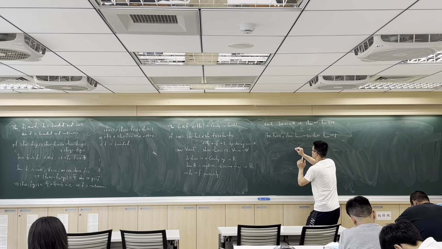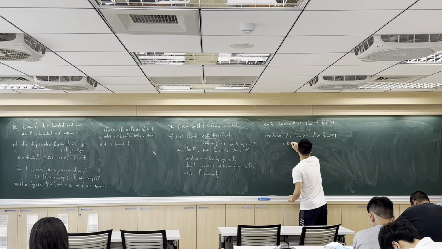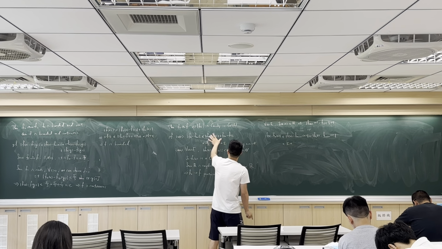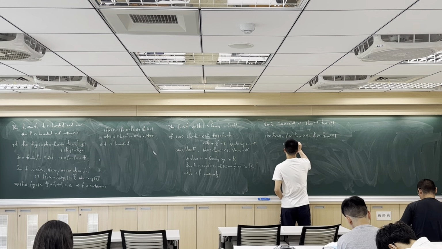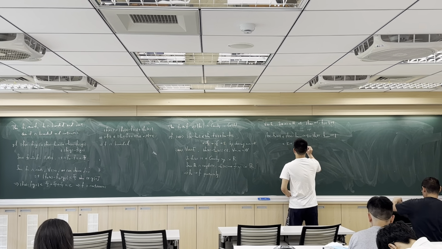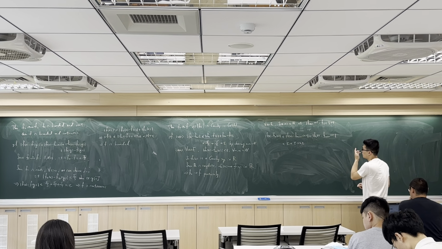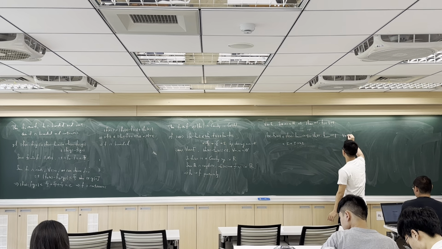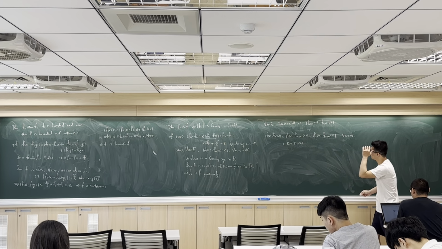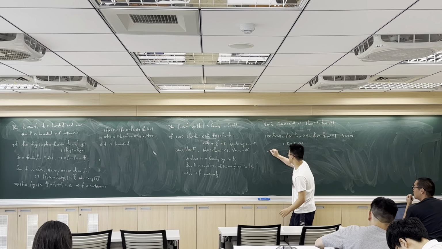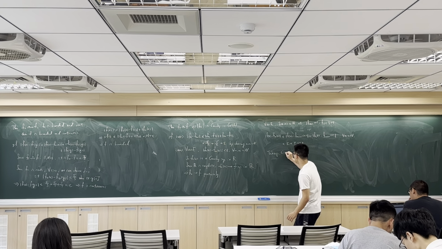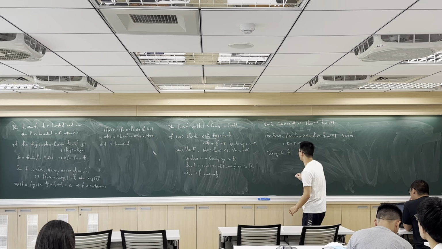This part is less than epsilon, and this part is less than epsilon by the Cauchy condition, for all n larger than N. So taking epsilon to be epsilon over 2, we are done.